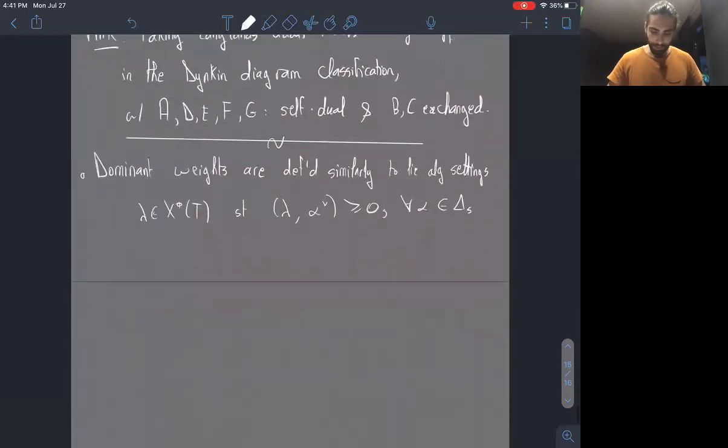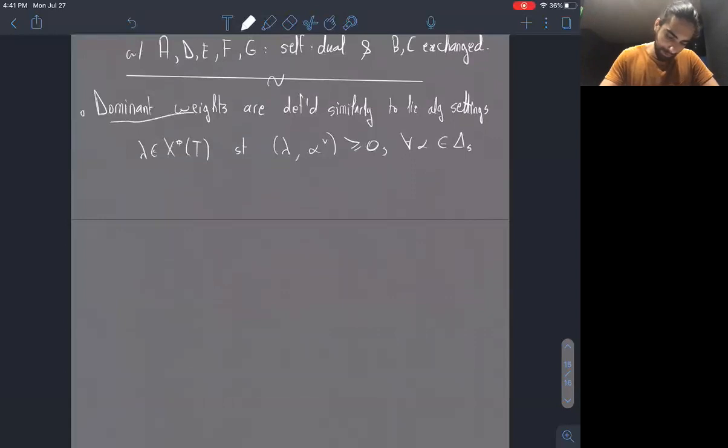And so with that adjective in place, we now have the classification theorem.